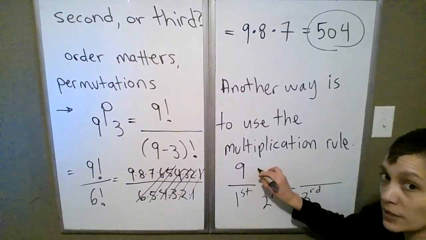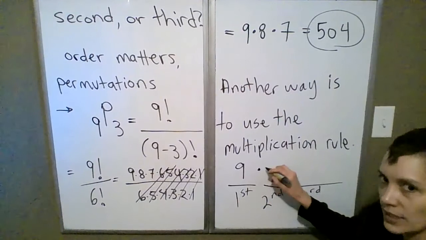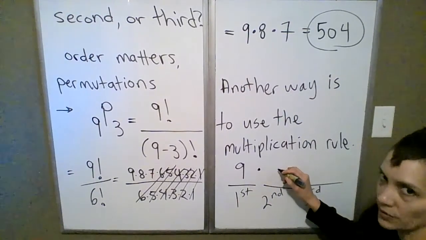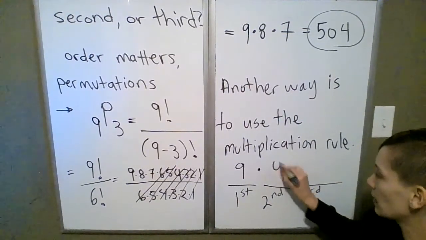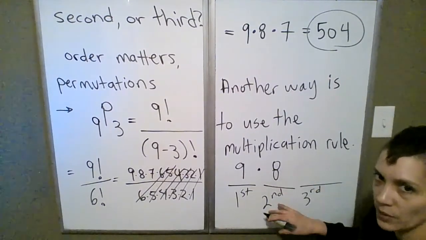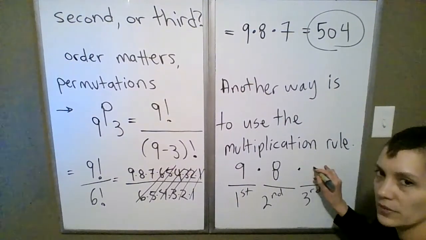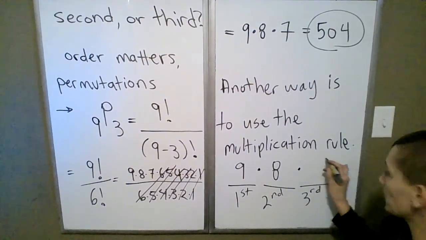Okay, but then we give that person first place and they move to the side, and what's left are 8 people to choose from for second place. Out of those 8 people, we have 1 person who has second place, and then third place, we have 7 people left to choose from.